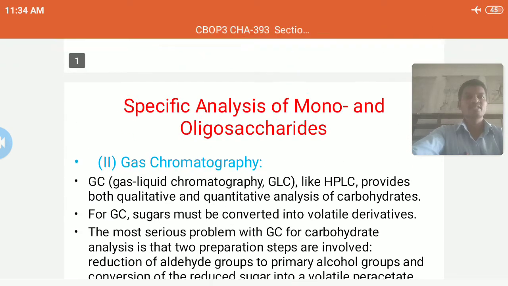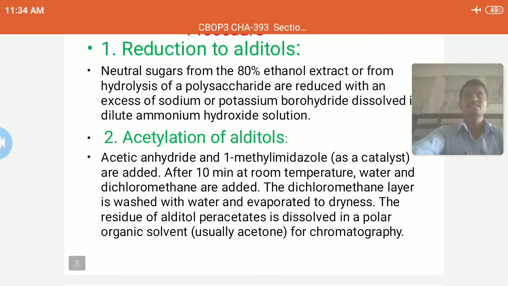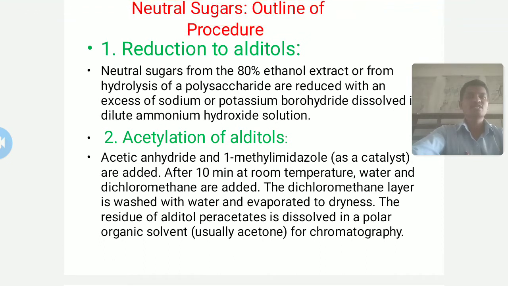The second reaction is acetylation of alditols, done with acetic anhydride as the acetylating reagent and 1-methylimidazole as a catalyst. After 10 minutes at room temperature, water and dichloromethane are added to the reaction mixture. This is one type of workup.